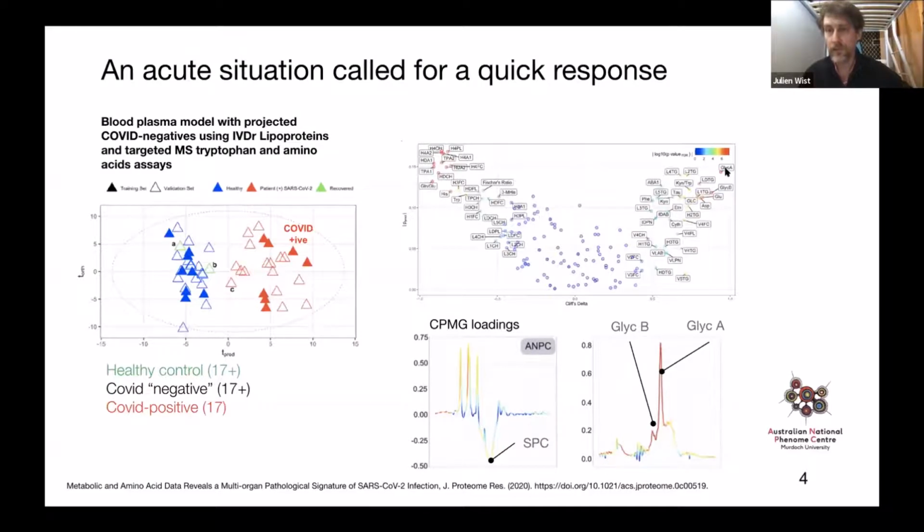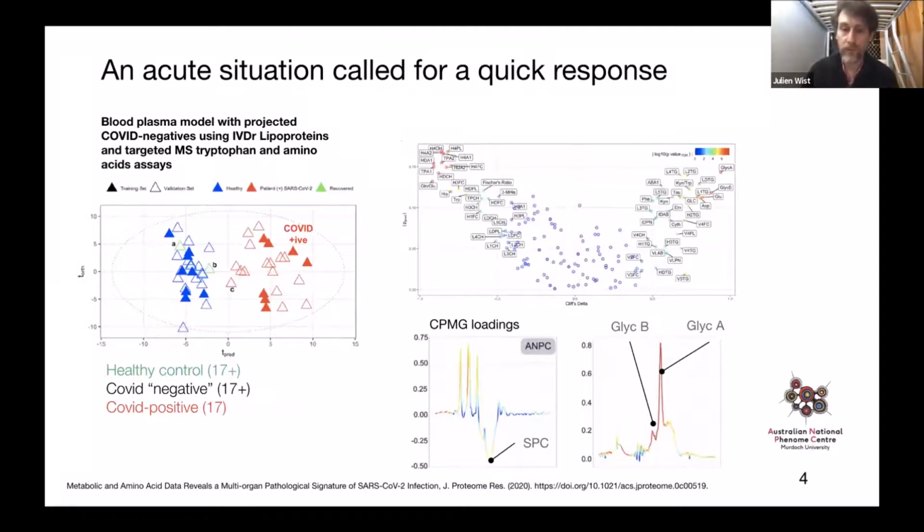And interestingly, when we especially move to, for example, the CPMG spectrum, where we get rid of all the interaction from the protein envelope, two signals were highlighted very strongly, GlycA and GlycB, at 2.03 and 2.07 ppm on the right side, and SPC, which is at approximately 3.2 ppm.